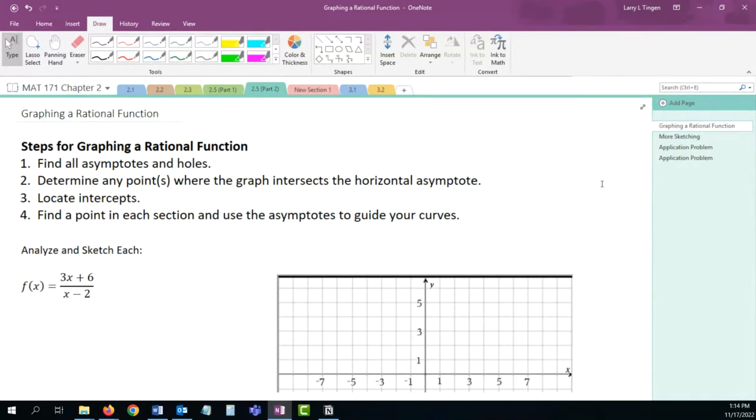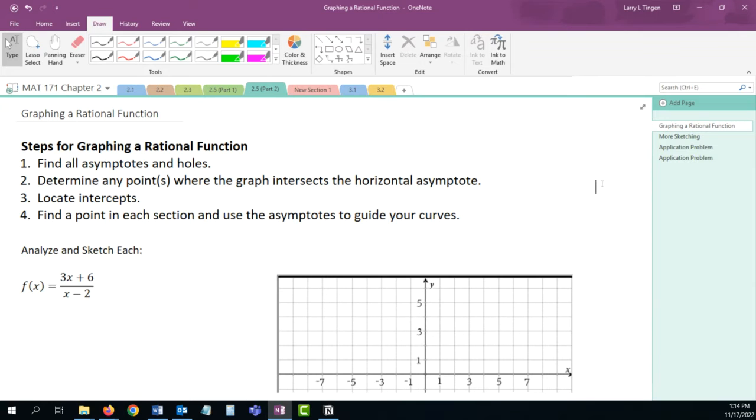So we're going to sketch 4 rational functions, do 2 application problems, and then we'll see where we are. We'll see if there are any outstanding questions, and then we'll go from there. Anything before we dive into 2.5?